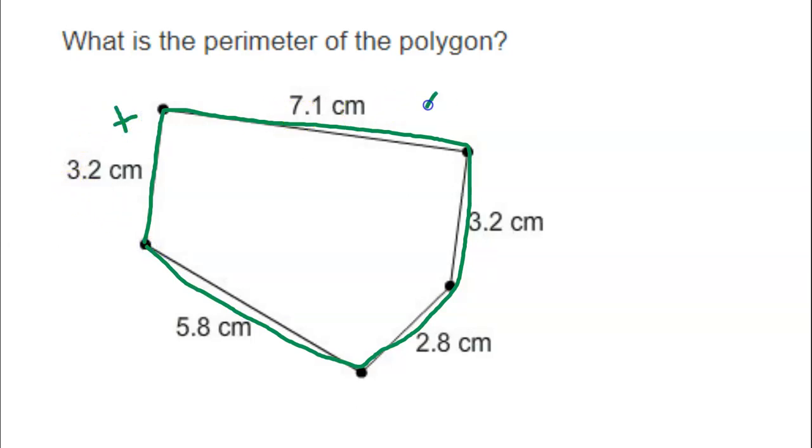So add, add, add. That's a plus, even though it doesn't look like it. Add. There you go. So you've added each of these up, or it's the sum of each of the sides.